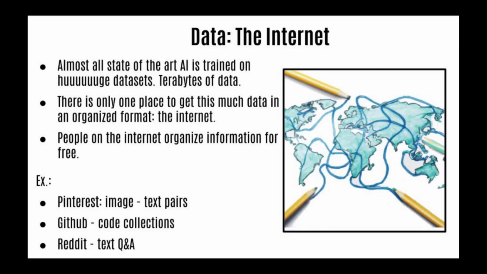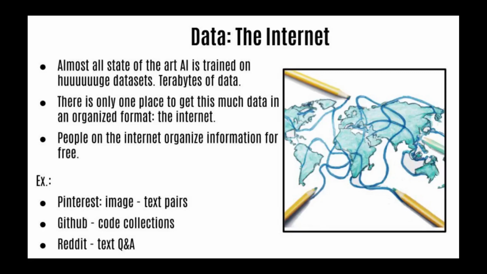So then we have this layer of data, which we're associating with the internet. Usually you would associate the internet with networking, which it is, which is how the computers communicate with each other. But in the case of AI, it's also part of the data. All of these AI models we're using, these really big ones that can perform all these different tasks and make any kind of image or make any kind of text if you know how to talk to them, are trained on massive, massive data sets, literally terabytes of data.